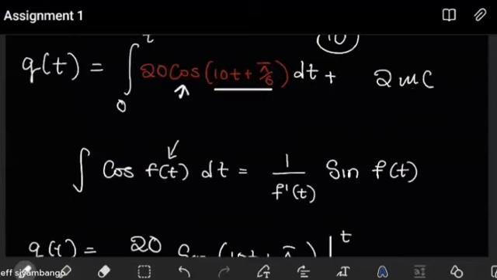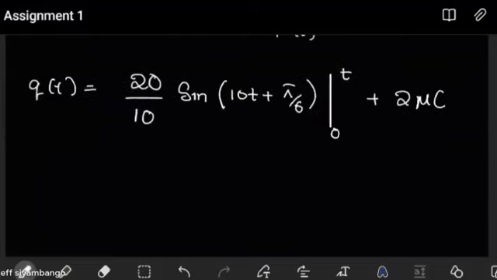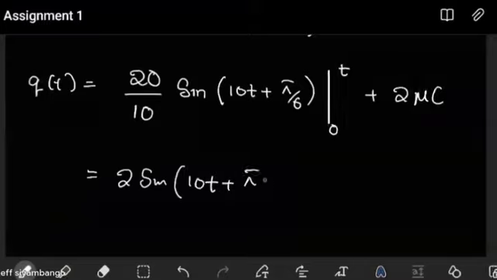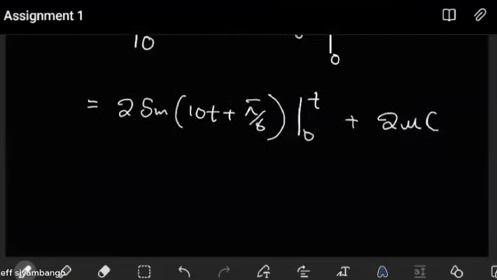Then you still have plus 2 microcoulombs. At this point now, the 10 and the 20 will divide, giving you a 2. Two microcoulombs. And then now substitute the limits.